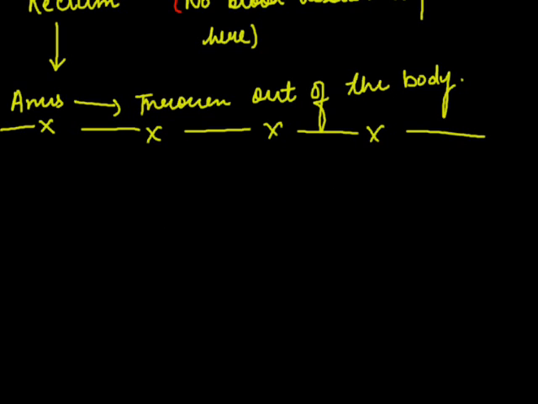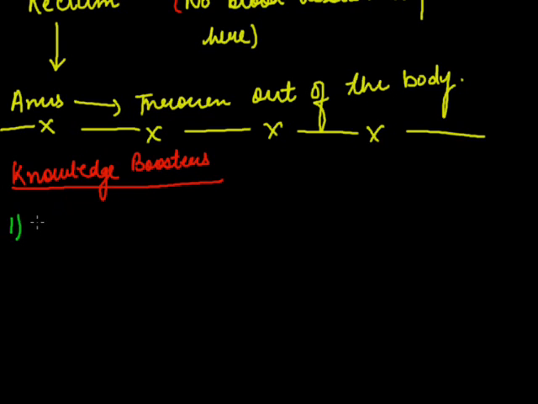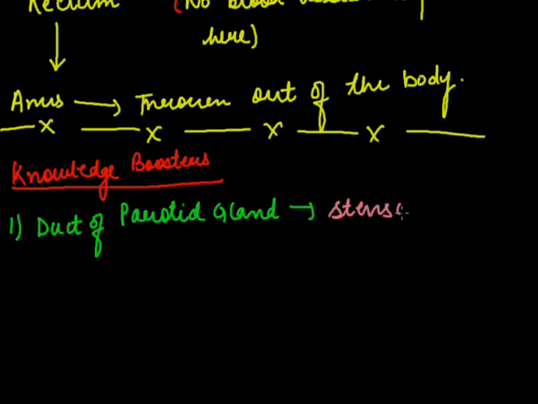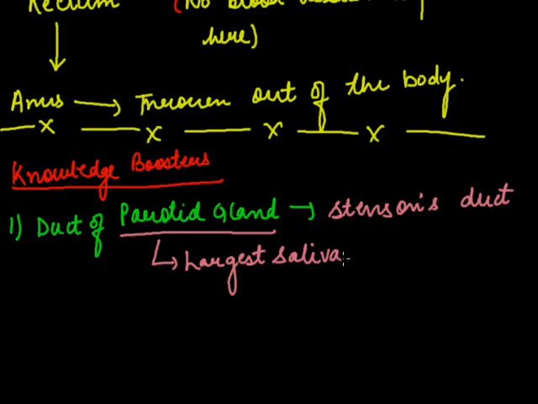There are a few knowledge boosters which I would like to share with you. The duct of the parotid gland is called Stenson's duct, and this parotid gland is the largest salivary gland, right?